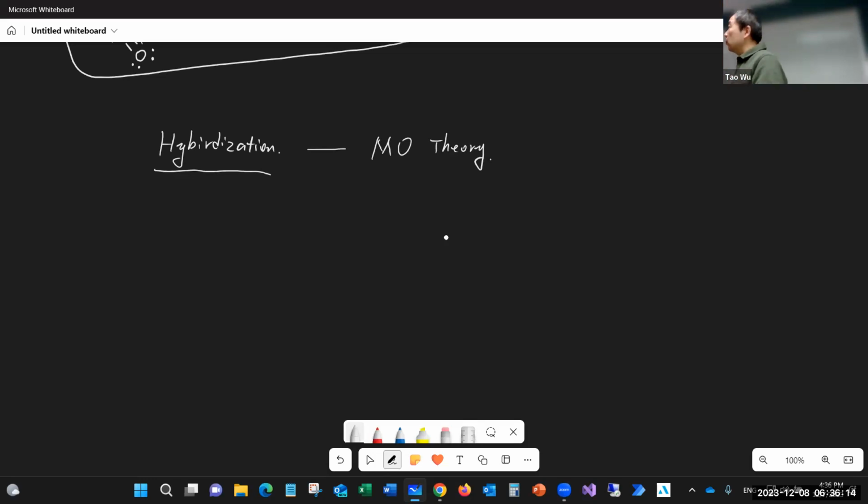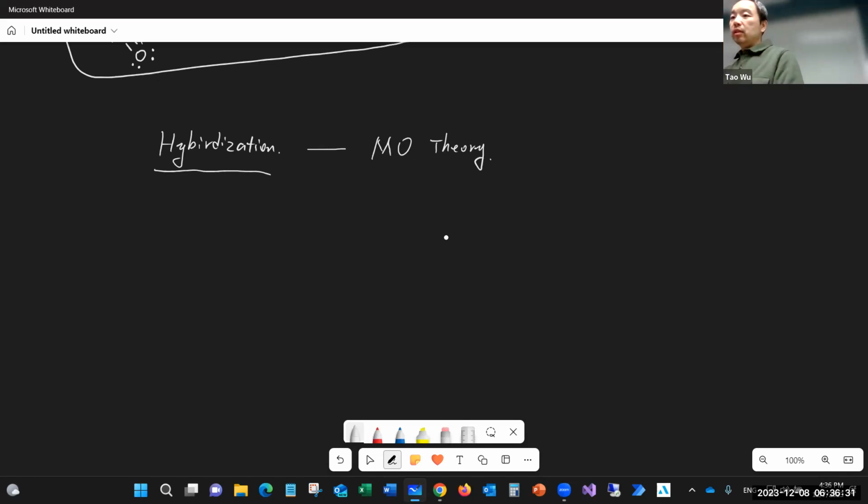Remember, when we talk about MO theory, if in the electron orbitals you have a single electron, then the single electron will make a bond with another. That makes sense, right?